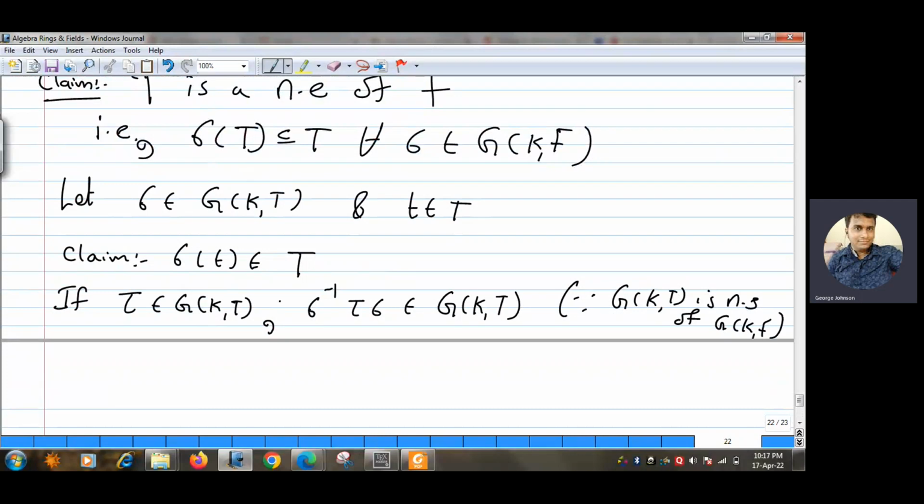That's why I can claim this, that if tau belongs to GKT, then sigma inverse tau sigma belongs to GKT, because GKT is a normal subgroup of GKF. So this belongs to GKT. That means sigma inverse tau sigma fixes every element of T, right?